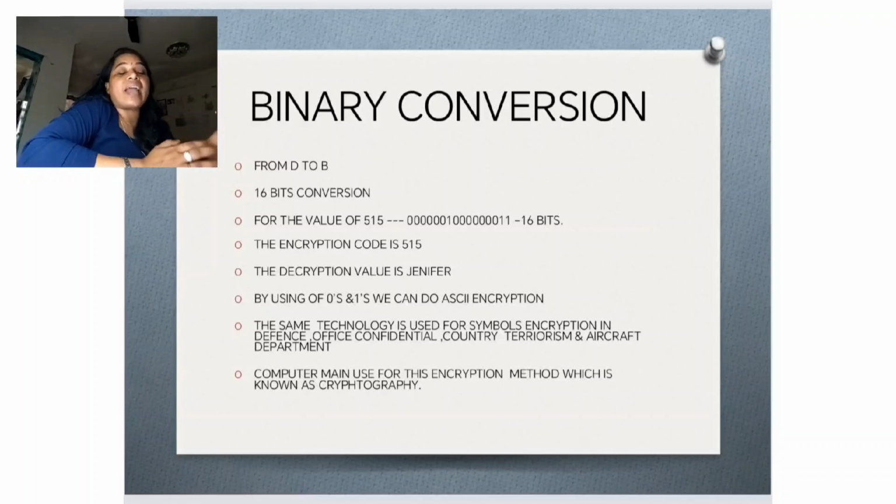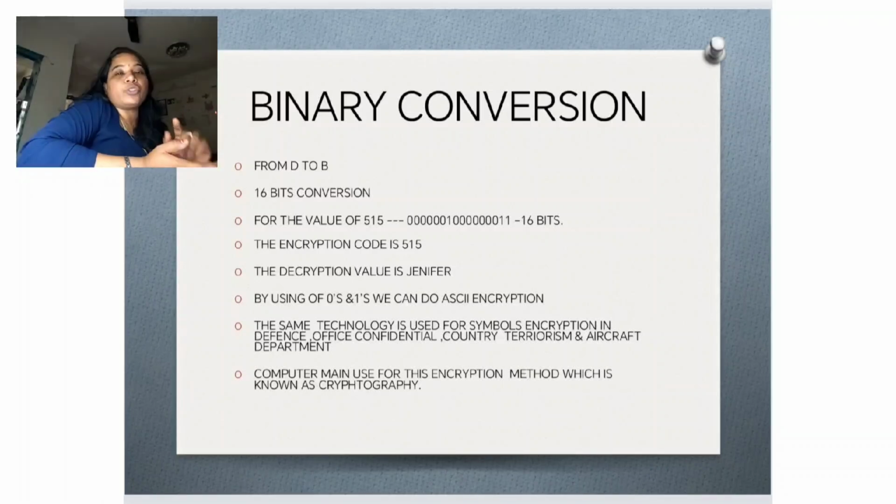Where can I add these 6 bits, before or after? Before the bits: if you have that 10-bit number, before the 10 bits we are going to add those extra 6 bits. So now we are getting the 16 bits conversion, and you can get that value in binary.